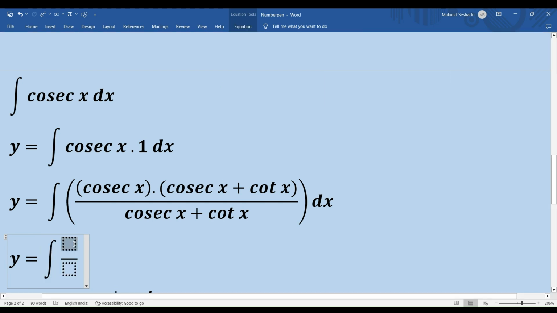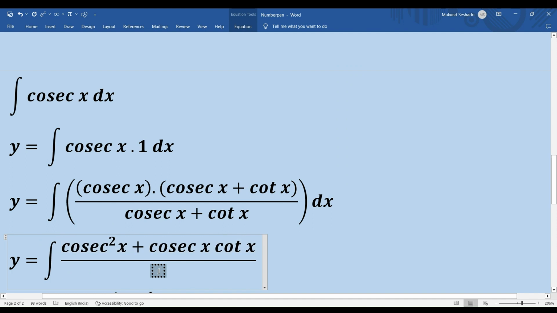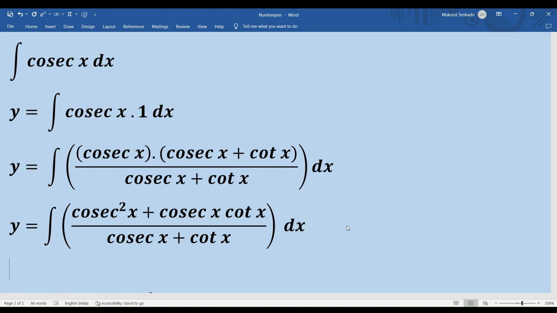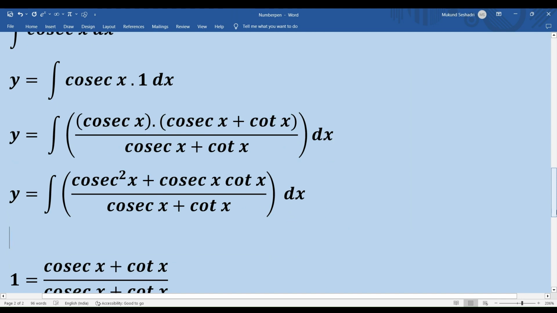And my cosecant x into cot x becomes cosecant x cot x, right? And my denominator is cosecant x plus cot x. So that's my y.